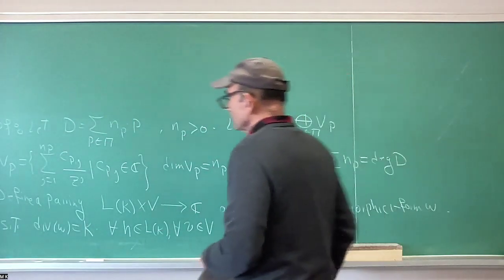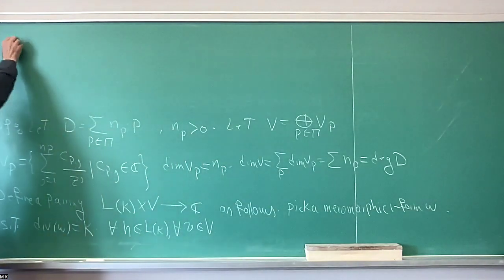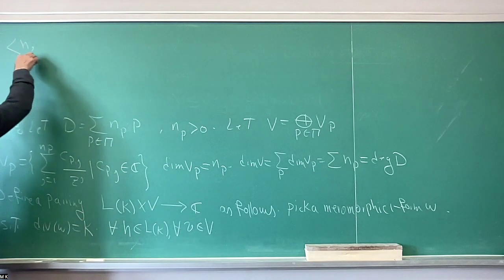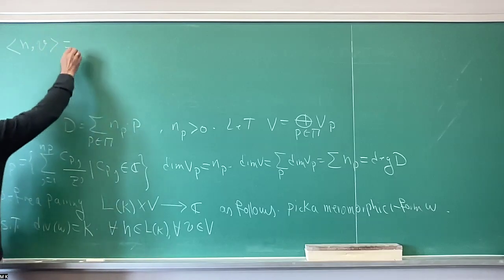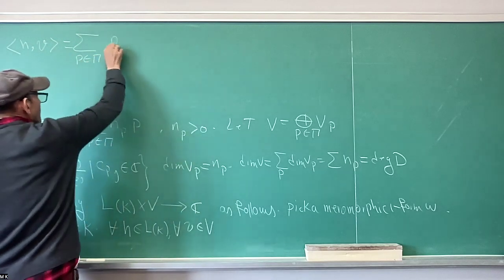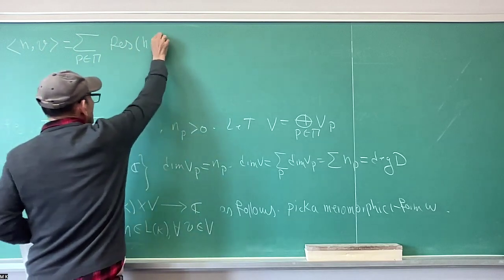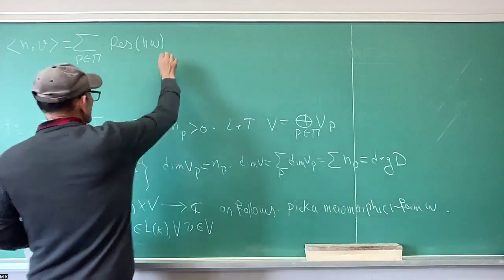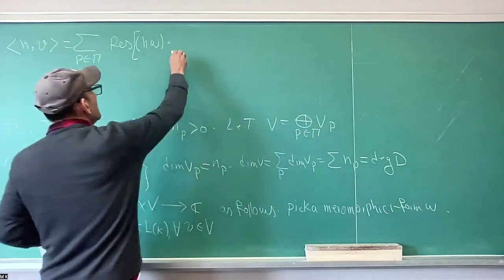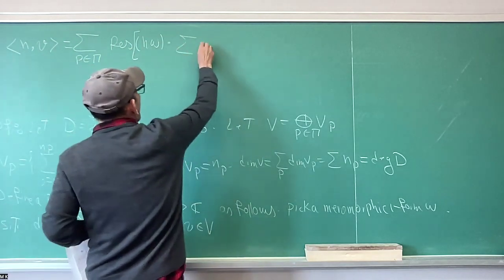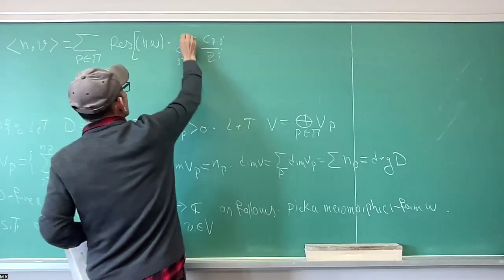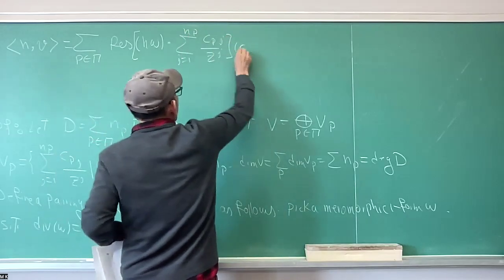So I define the pairing of H and V to be the sum over P belonging to pi of the residue of H omega times this function, the sum of CPJ over z to the j, j from 1 to NP, at 0.